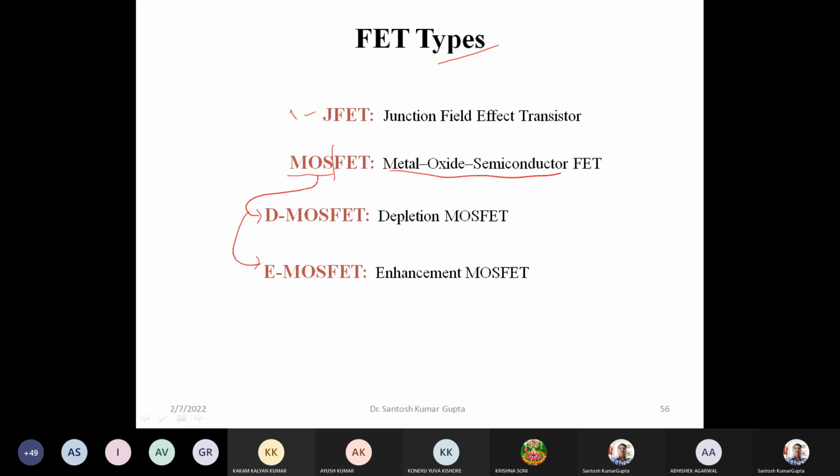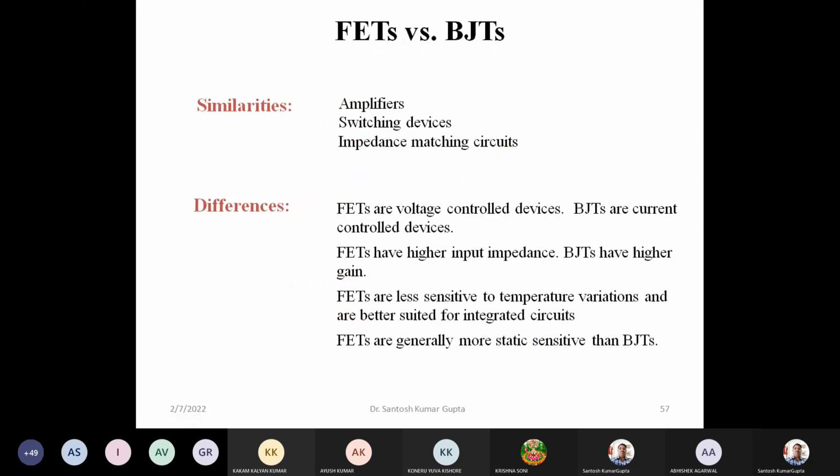One is called the depletion MOSFET, D MOSFET, and another is the enhancement MOSFET, or E MOSFET. We shall investigate these FETs one by one. First, let's see the similarities and differences of FETs and BJTs.